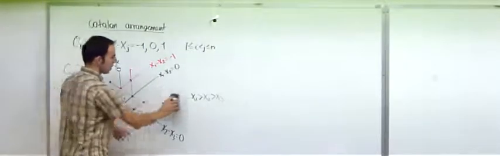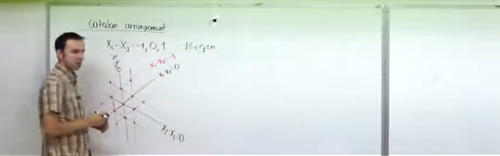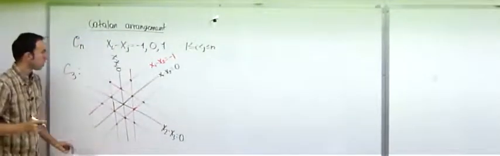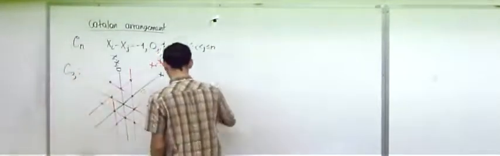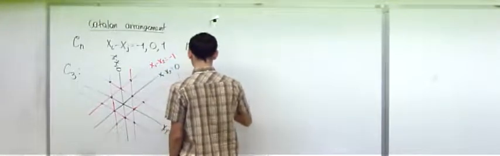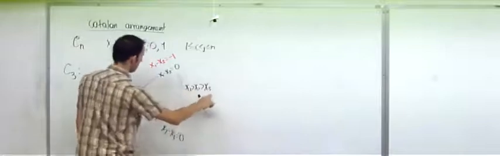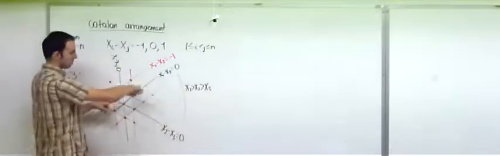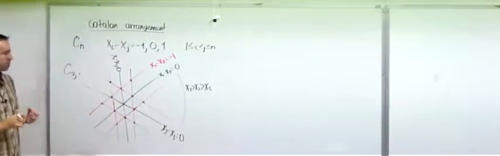And this is no longer the region x1 bigger than x2 bigger than x3. When I say x1 bigger than x2 bigger than x3, it's this region of the black hyperplanes, but it's going to be split up into a bunch of little red regions.